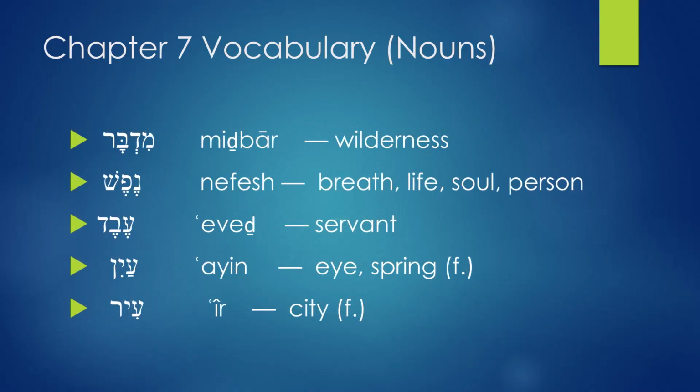Next we have the word midbar. Midbar means wilderness. This is an interesting word because this is where you get our English title for the book of Numbers. In our English Bible, you have the book of Numbers. Now, the book of Numbers in the Hebrew Bible has a title, Bamidbar, which literally means in the wilderness.